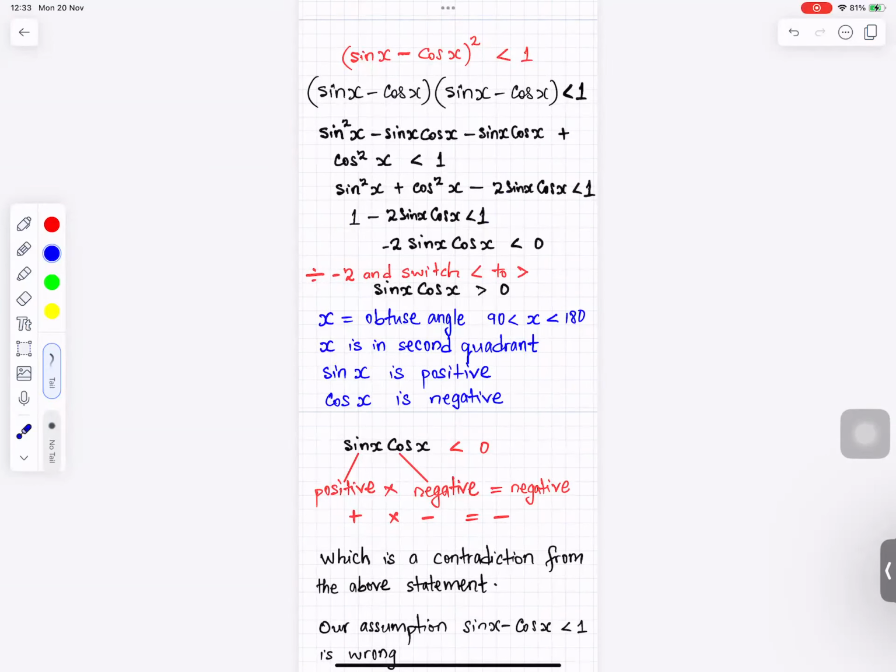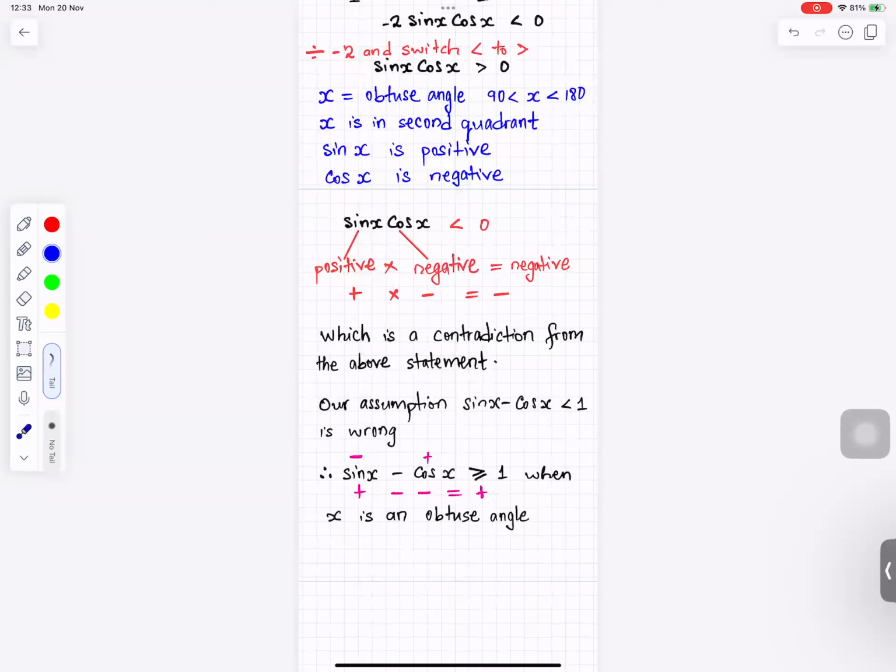And x is an obtuse angle. That means x is between 90 and 180. So x is in the second quadrant. And in the second quadrant, sine is positive and cosine is negative. So positive times negative gives you a negative, which is a contradiction from the above statement.